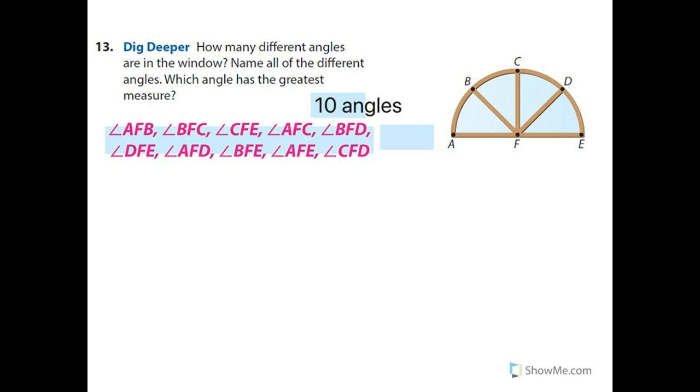Notice that all of them have F as the center. Like AFB, BFC. I'm not going to do all of them, but let's do one that's bigger. We got AFD here, and then EFB here. So lots of different angles.